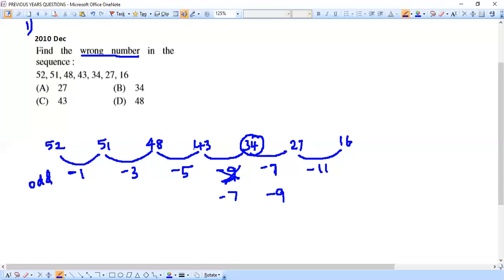Let's check and see. Okay, let's just cross verify this. 43 minus 7. So try doing 43 minus 7. We'll be getting how much? 43 minus 7 will give us 36. So we should have got 36 only here. So that is the right number that should have come here.